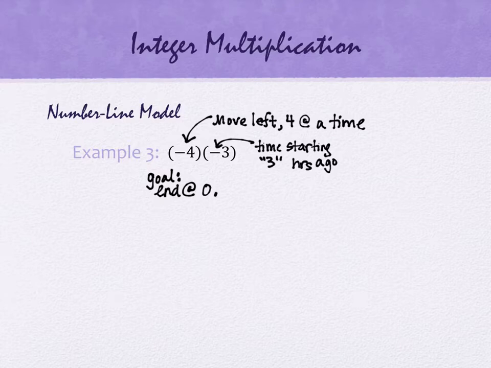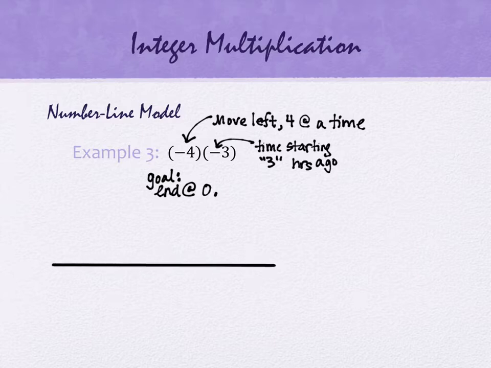So we're going to draw our number line. And here's 0. Actually, let me just put a hash mark there for a moment. So we're starting and we're ending somewhere. I don't really care where you end up and start right now. Just make a mark for it.